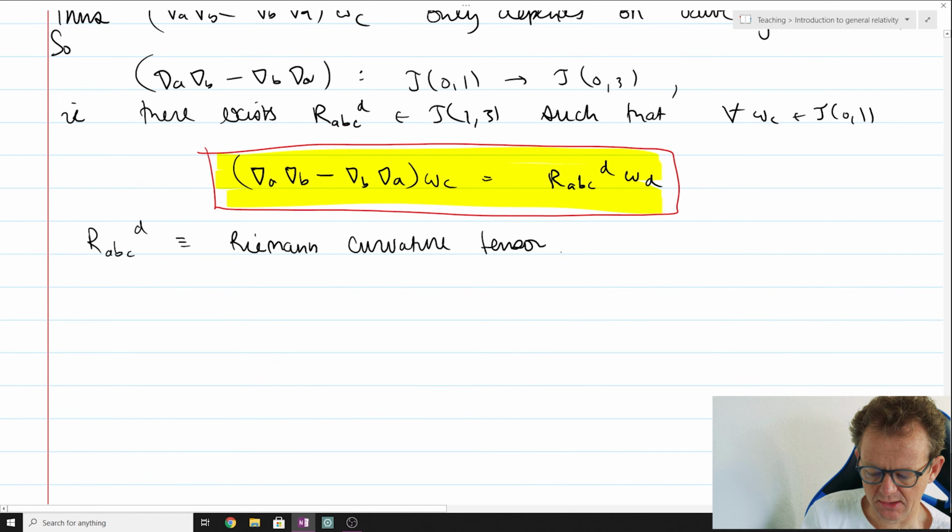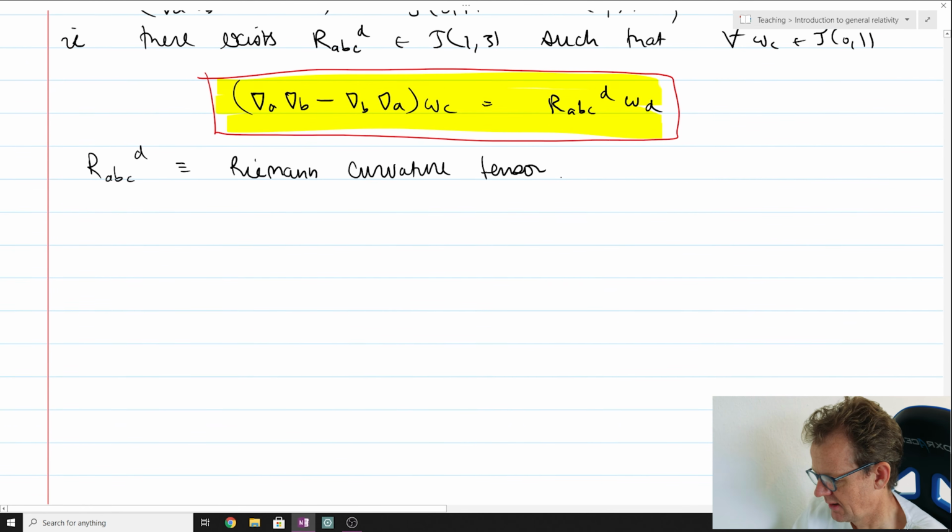And mathematically, you can see it sort of measures the difference in making little infinitesimal parallel transports along two directions. Now, that intuitive interpretation of this mathematical equation can be made more precise, and that's what we're going to do now.